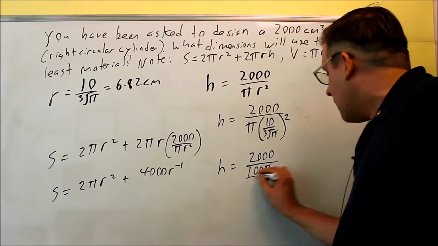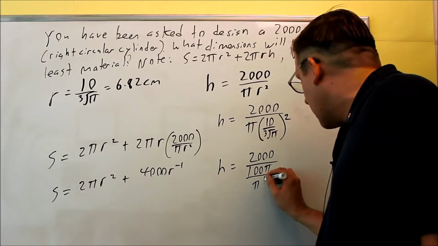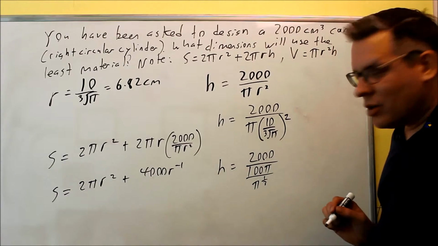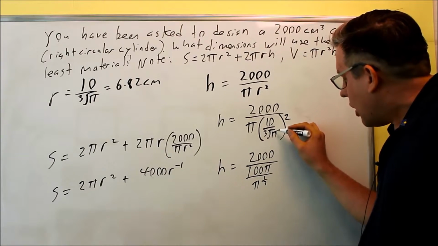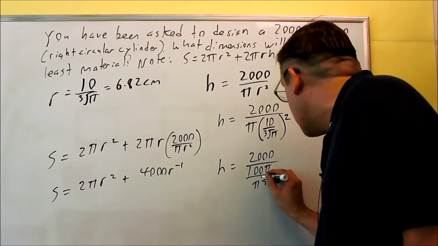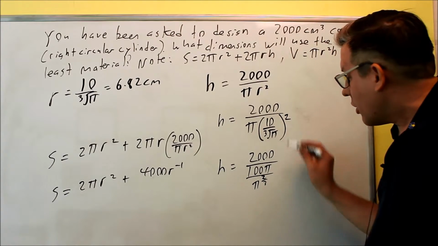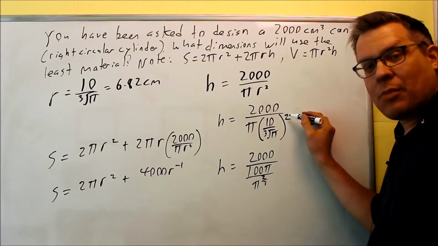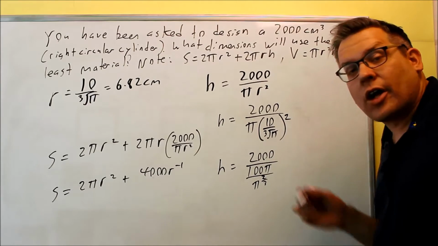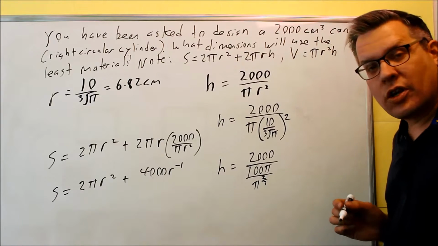And the bottom, we can write that as pi to the 1/3 if you want to, because 1/3 squared actually would be 2/3. When you raise a power to another power, you have to multiply exponents, so it should be a 2/3 there.